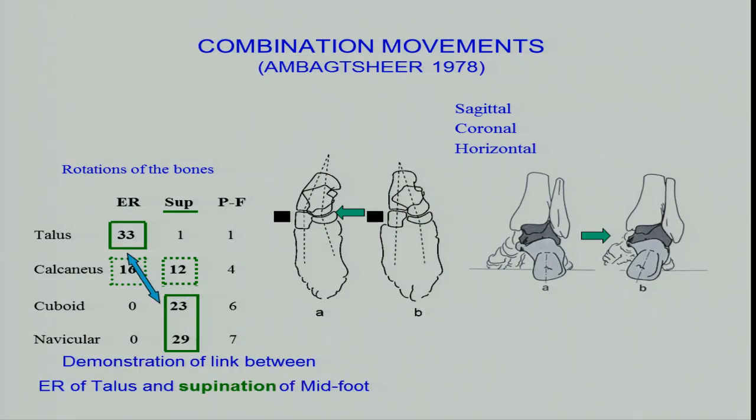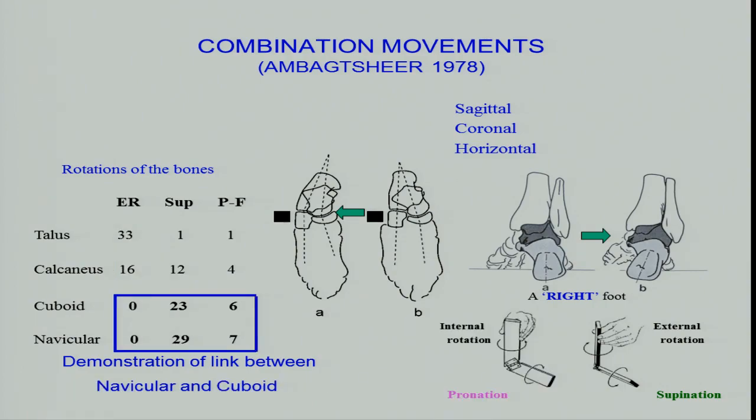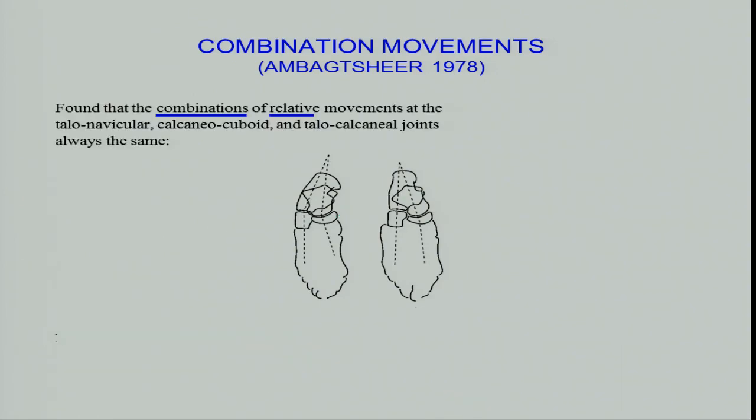And there was this link between external rotation of the talus, therefore, and supination of the midfoot, just like the little model of an obliquely hinged triangle. And he demonstrated the link between the navicular and the cuboid, and that they moved together.